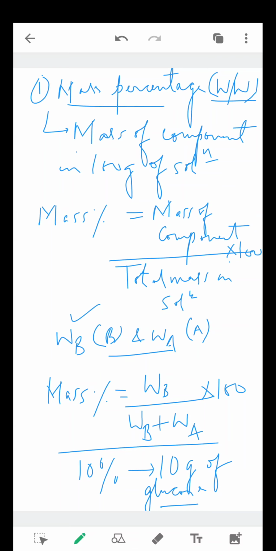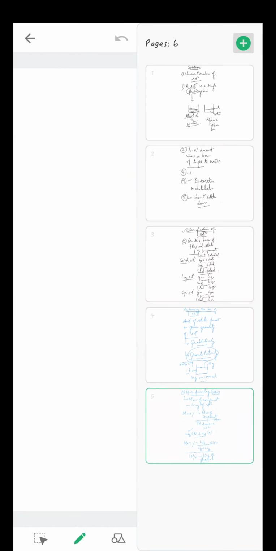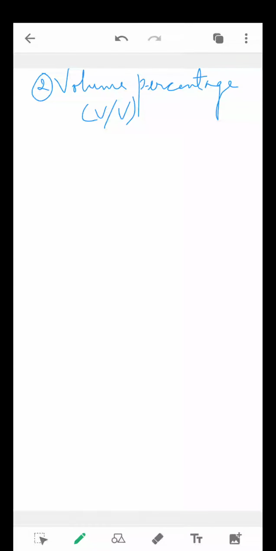Moving on. The next concentration term which will be used very much here is the volume percentage, V by V. The volume percentage is the volume of component per 100 parts by volume of solution.